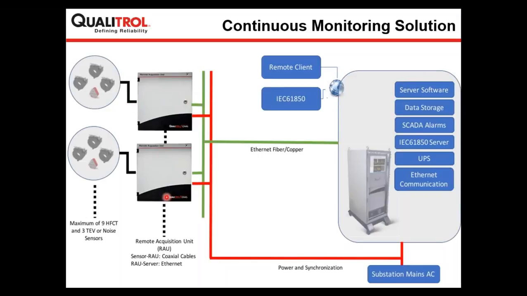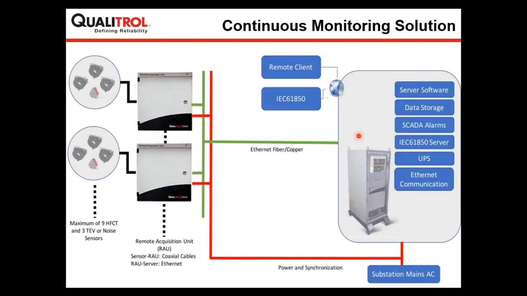All of these RAUs will be talking to the central server, which will be placed in the control room, and this server will be capturing all the data, which will be sent over Ethernet, fiber, or copper. The central server is responsible for the storage of the data and generating the alarms for IEC 61850, and it has a UPS which will be able to operate it if there is a power failure inside the control room.